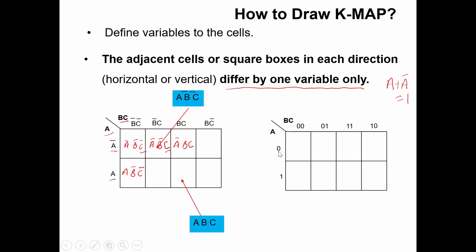Here 0 represents A complement and 1 represents A. The two tables give us the same information.